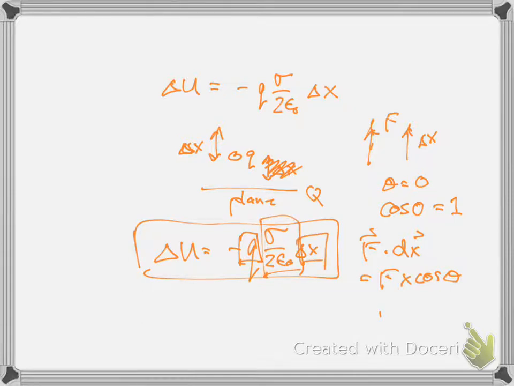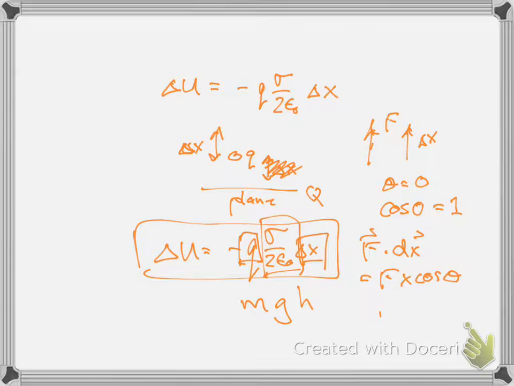This is the same as mgh, where h is the distance that we move. The minus sign just indicates that the potential energy gets bigger as we get closer together and smaller as we get farther apart. And that's something which you can figure out qualitatively or quantitatively by plugging into the formula. But this really is just mgh.